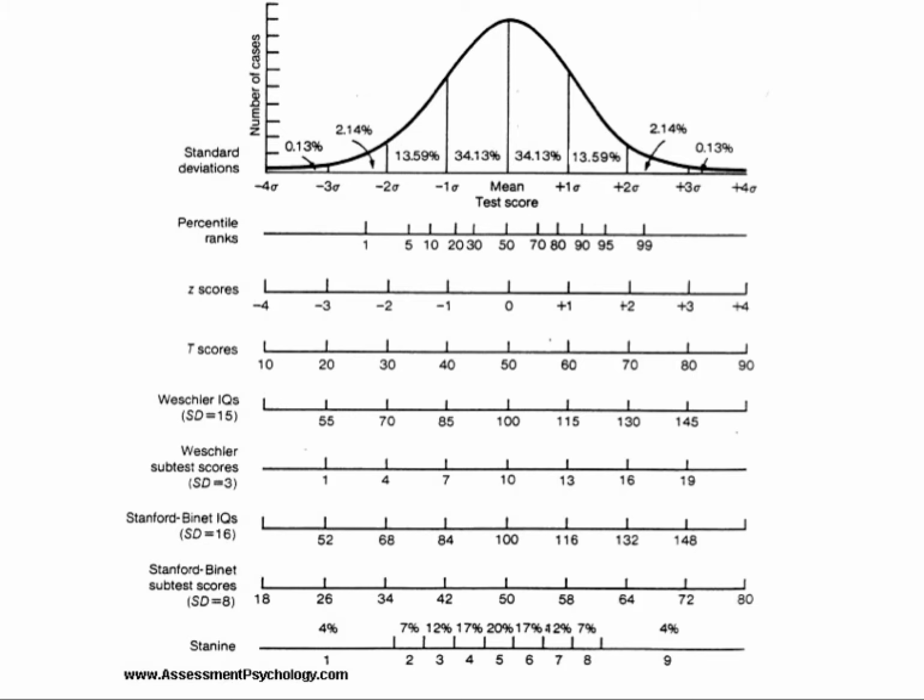This is the purpose of z-scores and t-scores: to give you an idea where people place on the normal curve. And remember, the normal curve is just a commonly occurring distribution of scores. So if you are 2 standard deviations above the mean, your z-score is going to be 2, and your t-score is going to be 70. If you're 3 below the mean, your z-score is negative 3, and your t-score is 20.